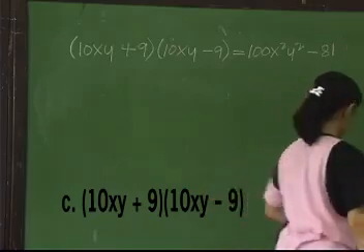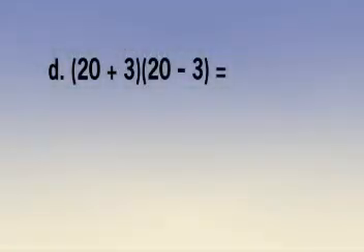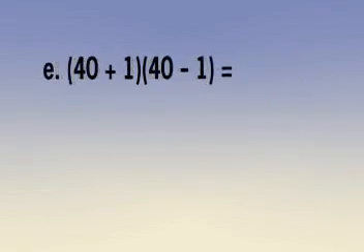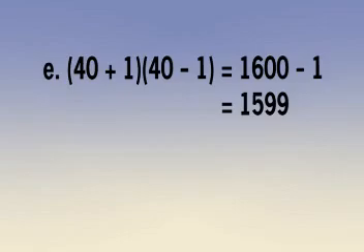Good. 400 minus 9. Okay. 1,600 minus 1. Okay. How will you express these products as the sum and difference of two numbers?